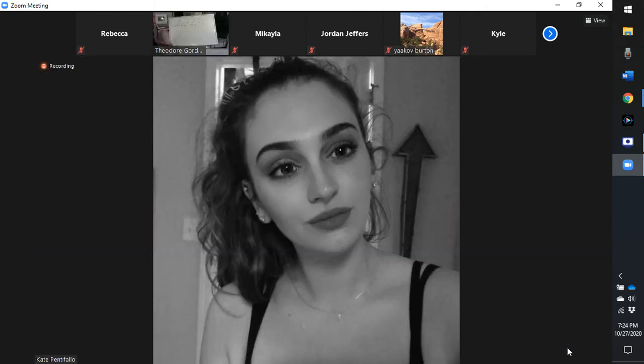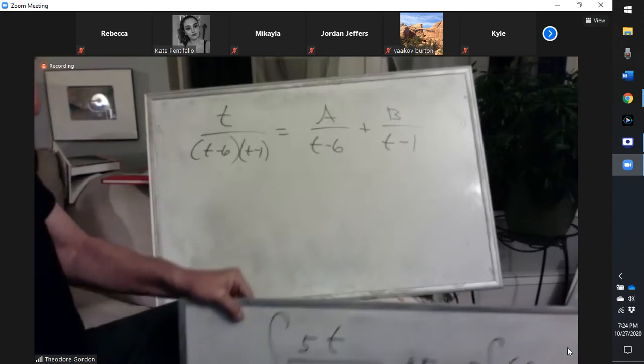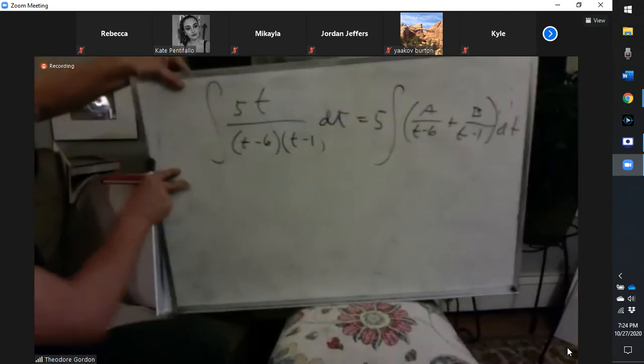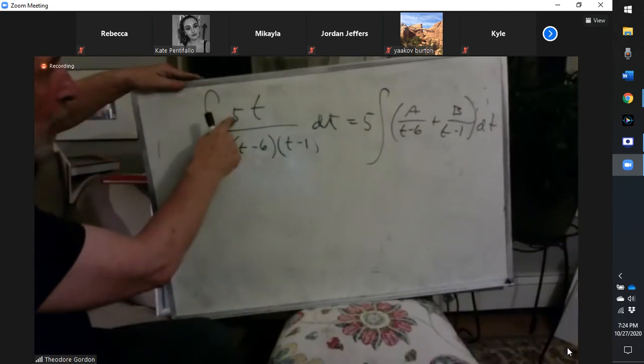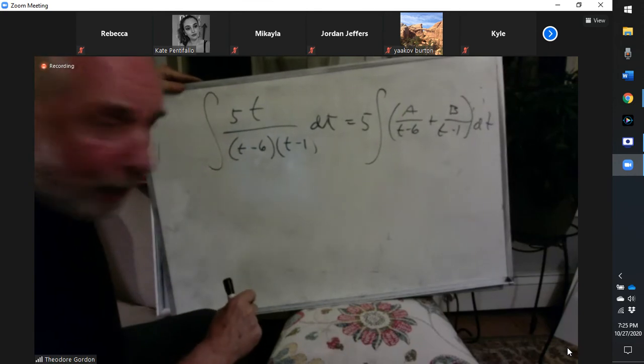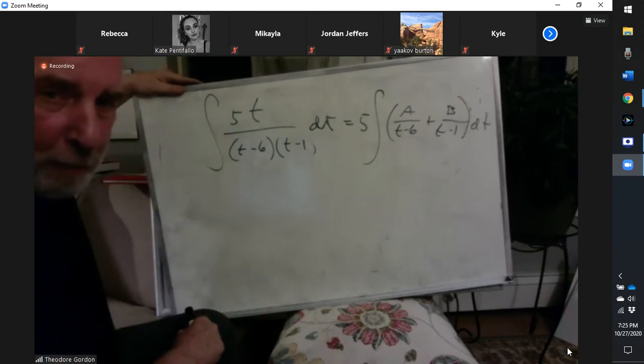I have a question. Yeah, go ahead, Kate. Does it matter, as you wrote it just there, on the left side, it says t over t minus 6 and then whatever. It was originally 5t. Does it matter if the 5 is there or not? No, it doesn't. Constants just go along for the ride. So I threw it out in the front.